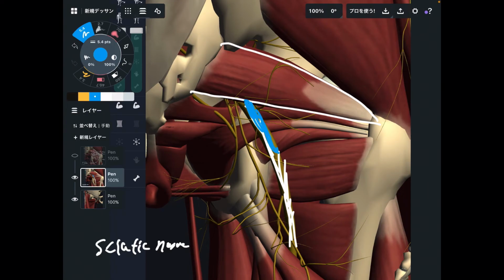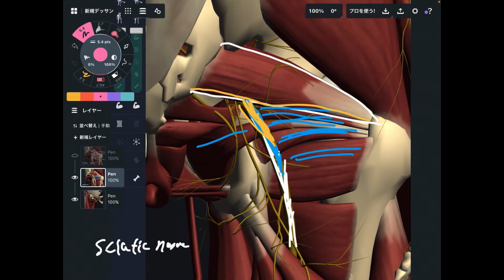Then this nerve runs posterior to other deep lateral rotators such as gemellus superior, obturator internus, gemellus inferior, quadratus femoris. See this relationship? Again, sciatic nerve shows up from inferior part of piriformis, then this runs posterior to other muscles.